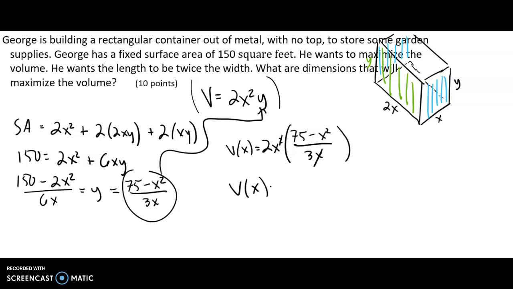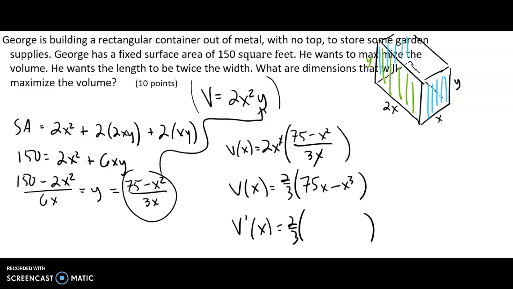So I'll have a 2/3, factor out the 3, and then run the x through. See how this looks: 75x minus x cubed. That's probably the best looking. Yeah, you could just run the 2 through and have 150x minus 2x cubed, both of those over 3. Doesn't matter. It's kind of a preference thing before you do the calculus.